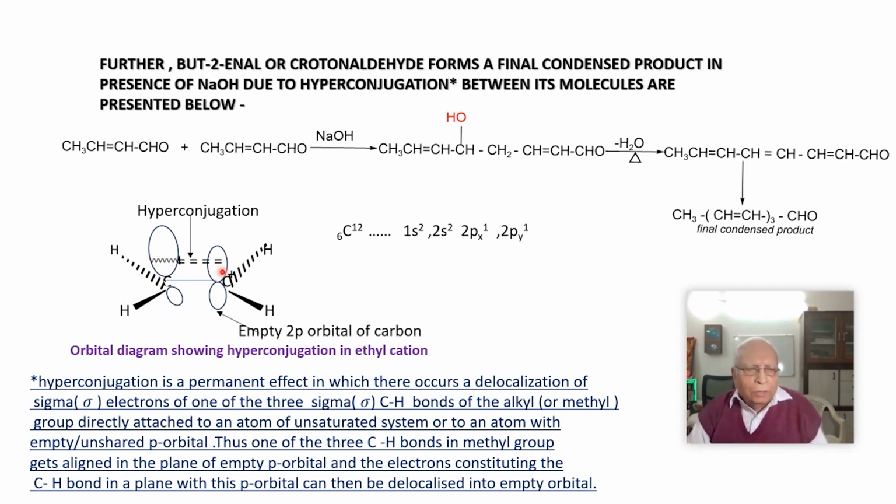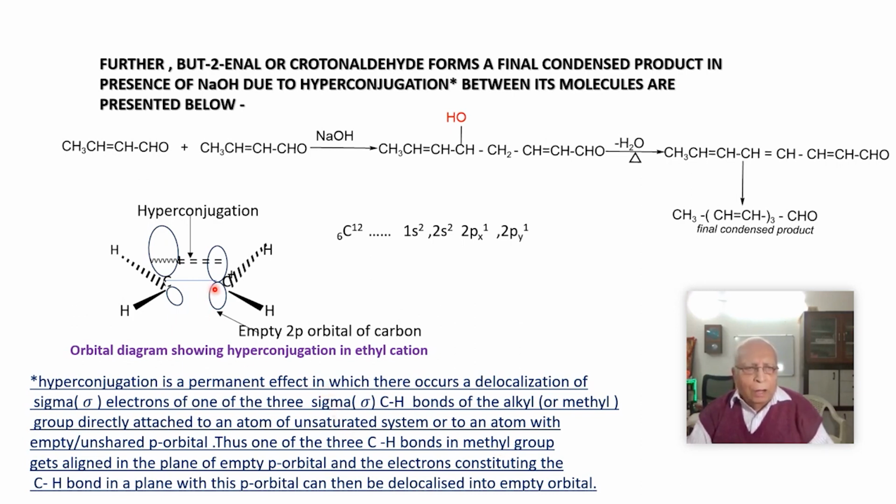Because of this, the carbon becomes positively charged, as there is a partial negative charge over here. So this is a permanent effect, a hyperconjugation effect. A few lines are provided here for your reference. You can go through it.